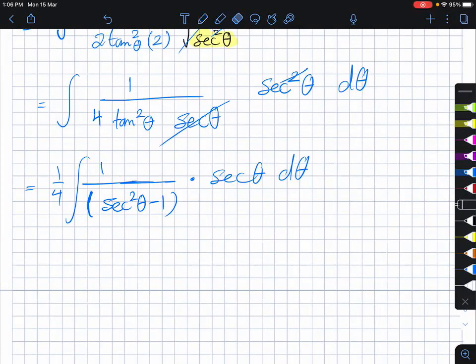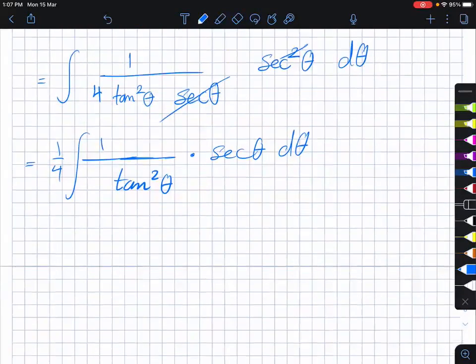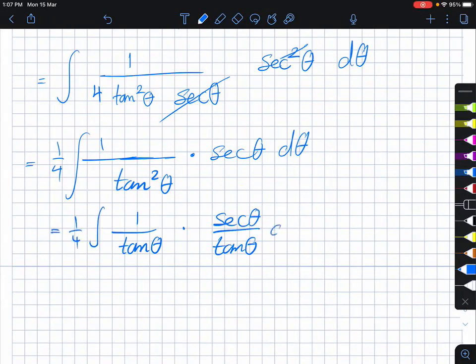We can leave it as tan squared, or write sec over tan squared. So we have tan squared theta, then we can simplify the tan. We can write it as 1 over tan theta, multiplied by sec theta over tan theta, 1 over 4, and here d theta.